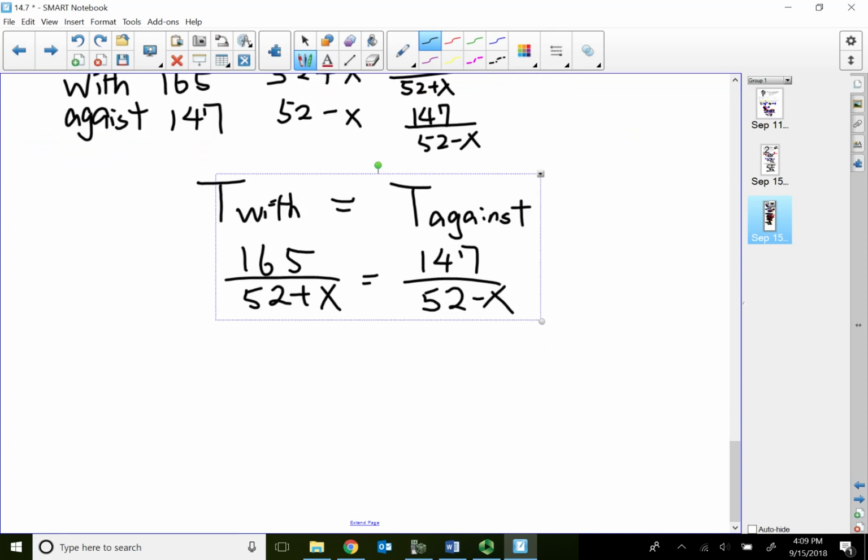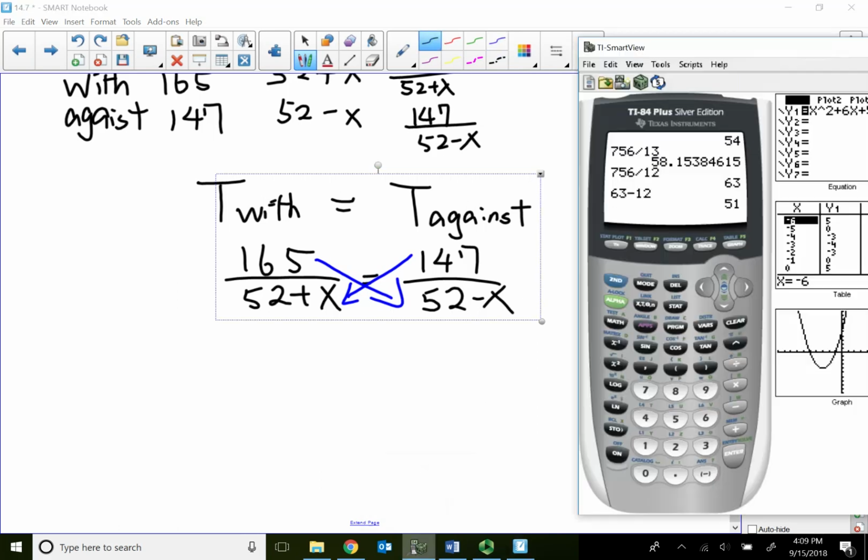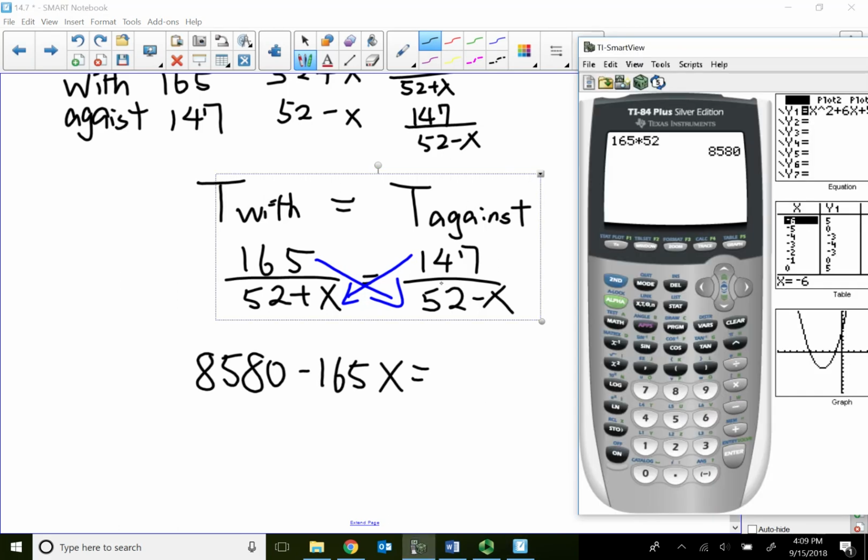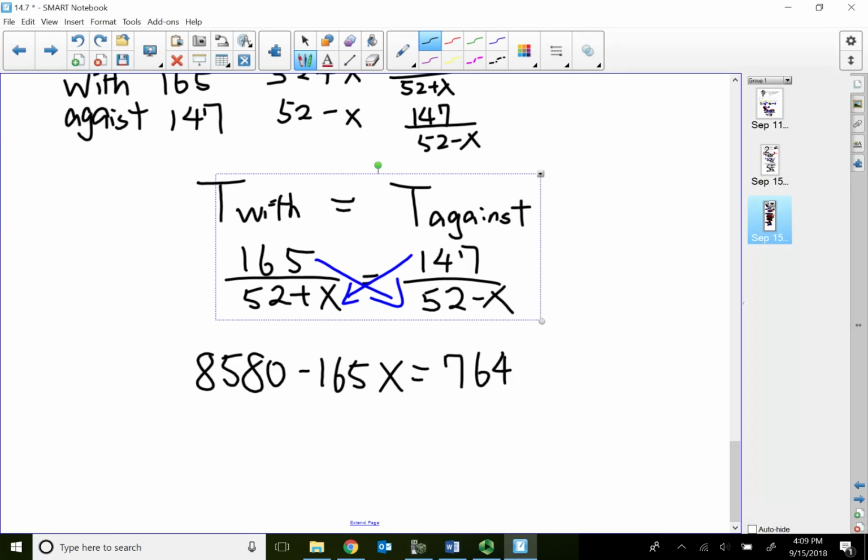So I'm going to do a little bit of cross product. 165 times 52 and times negative x. 165 times 52 is 8580, minus 165x, set equal to 147 times 52, which is 7644, plus 147x.